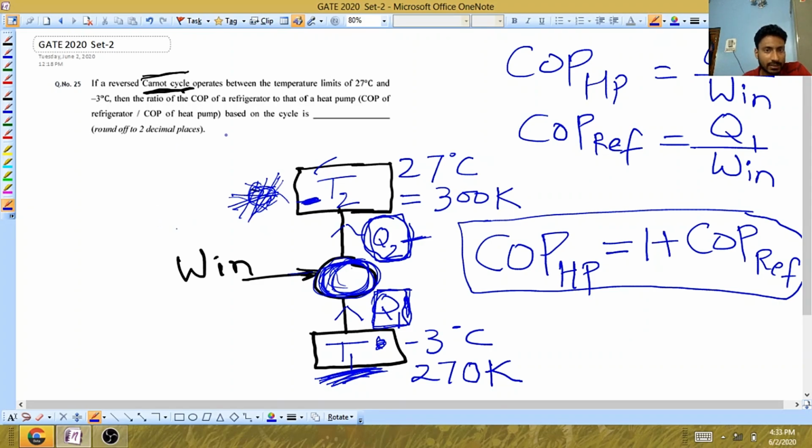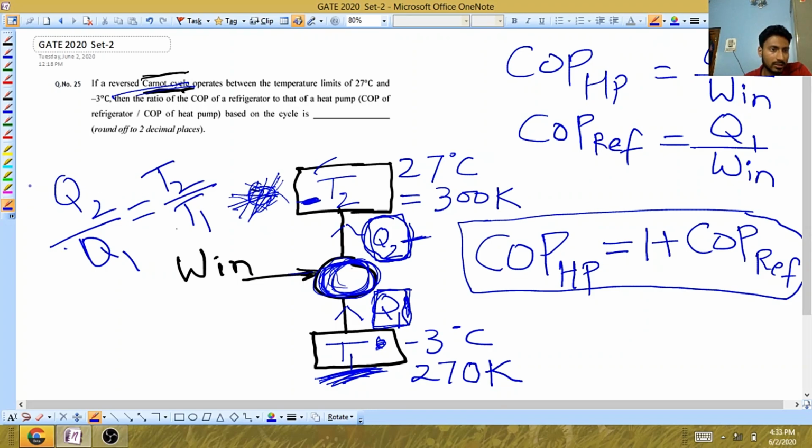So what they are saying, they have given the data and they have said reversed Carnot cycle. So for a reversed Carnot cycle, just remember Q2 by Q1 is equal to T2 by T1. This is the law that is applicable for the reversible cycle.